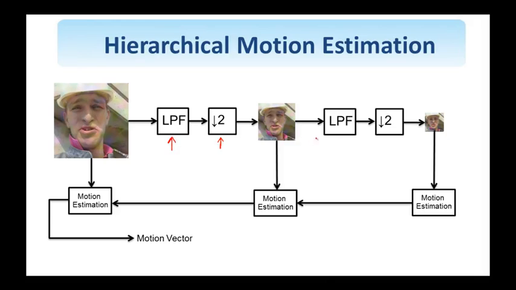We continue with another low-pass filtering, another downsampling by 2, and we can keep going this way. So here we see a 3-level representation of the image. So we start performing motion estimation at this lower level using any of the techniques that we have covered so far.